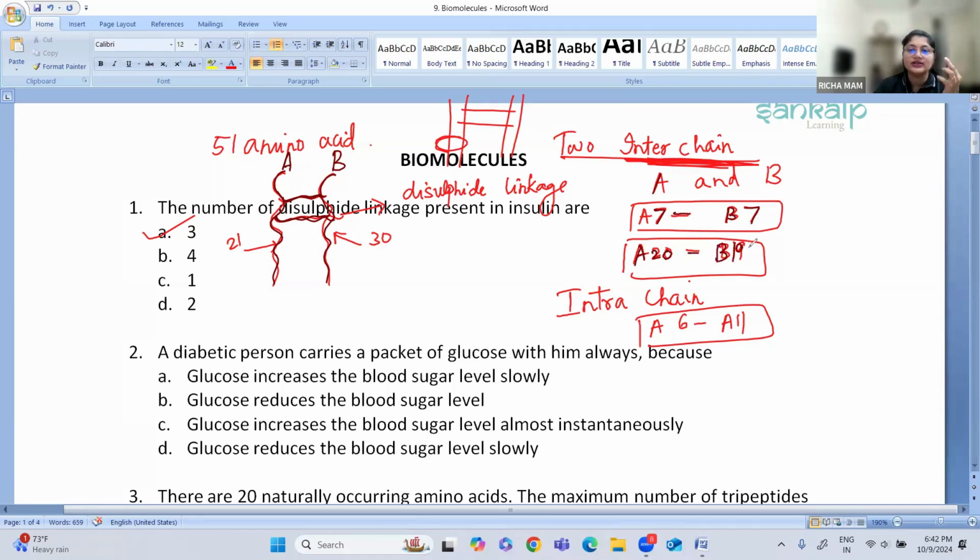Another is within the same polypeptide chain A, a disulfide linkage between A6 and A11. These are the disulfide linkages present in insulin. Is it clear now?